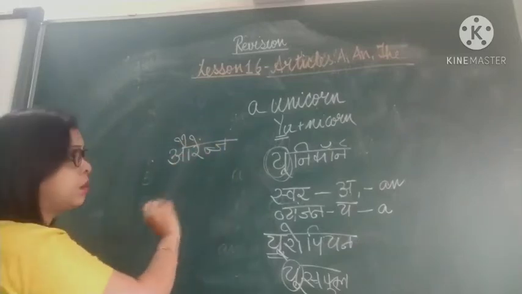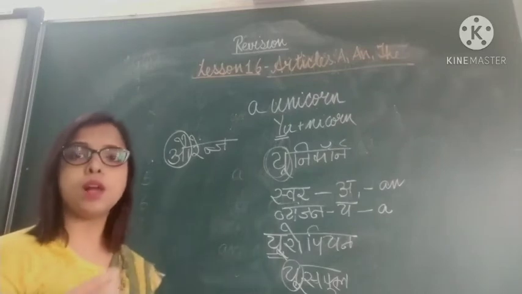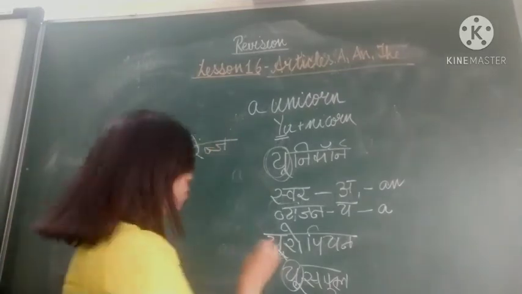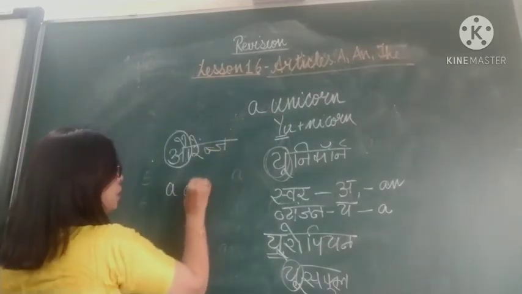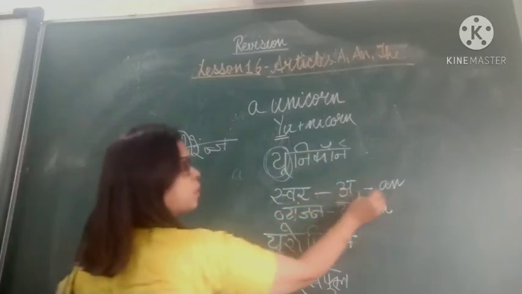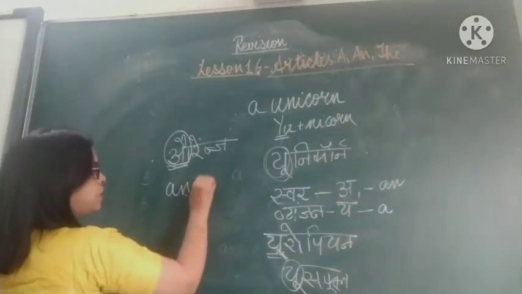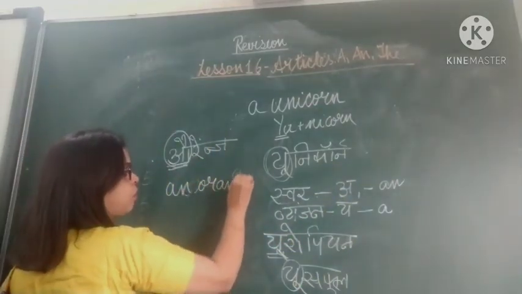somewhat the spelling, so see it is coming o is a swar, right? So you will write an orange, because o is a swar, a, o, it is swar, so we will write an orange.